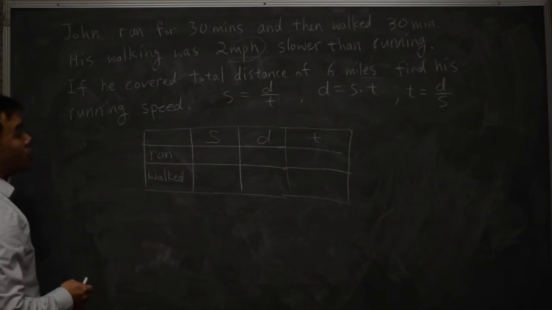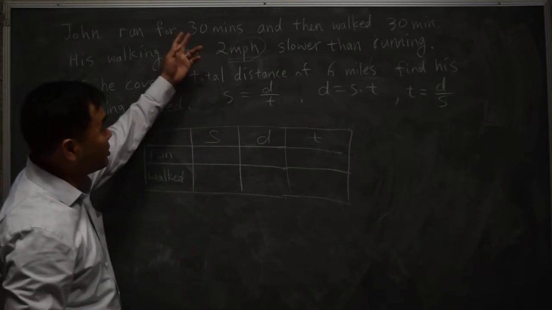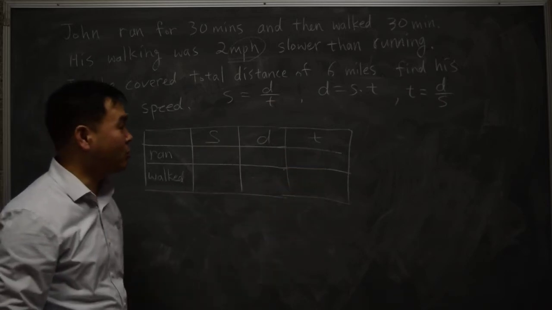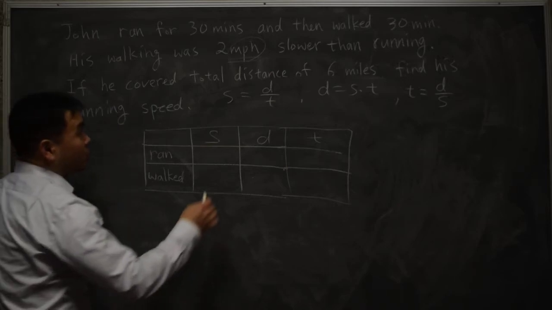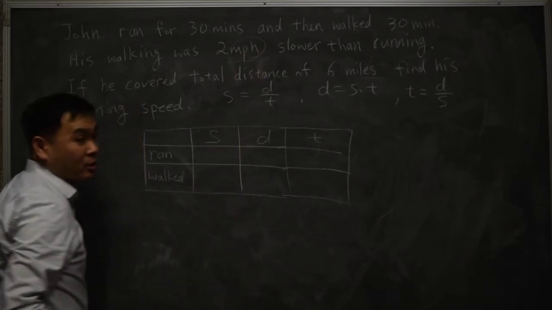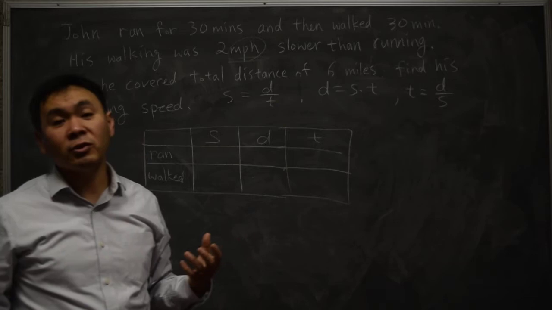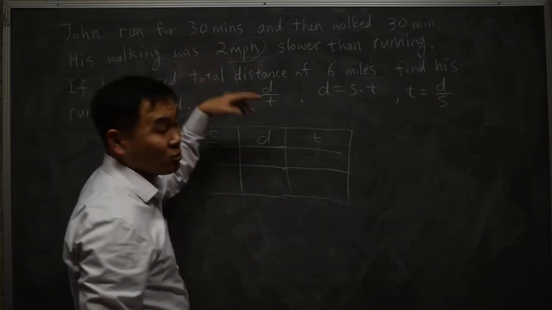Okay. So we first know that John ran for 30 minutes, then walked 30 minutes, so we know that the times are 30 minutes each. Oh, but here's a warning. Since in miles per hour, the unit for time is hours, whenever you're using miles per hour, you should try to make the minutes into hours.